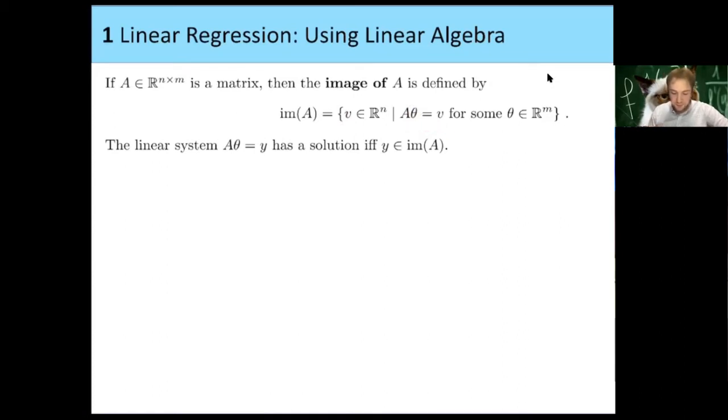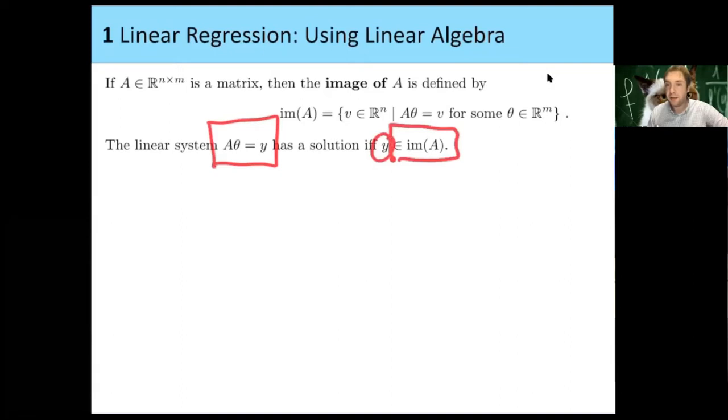So in other words, if I have a fixed matrix A, then this linear system A theta equals y has a solution exactly if this y is in the image of A. So this is the definition of the elements in the image of A. The elements of the image of A are those vectors I can have on the right-hand side of a linear system such that this linear system has a solution.